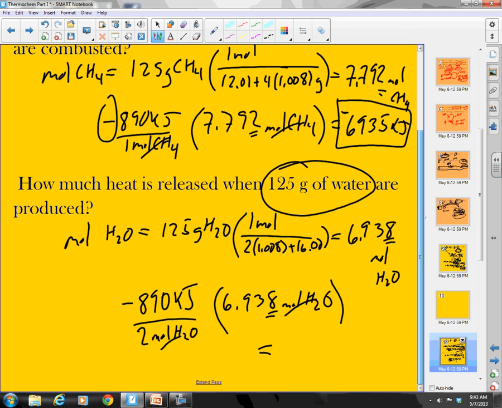And what's my answer? So 6.938 times 890 negative divided by 2, and my answer is a negative 3. How many sig figs do I get out of here?